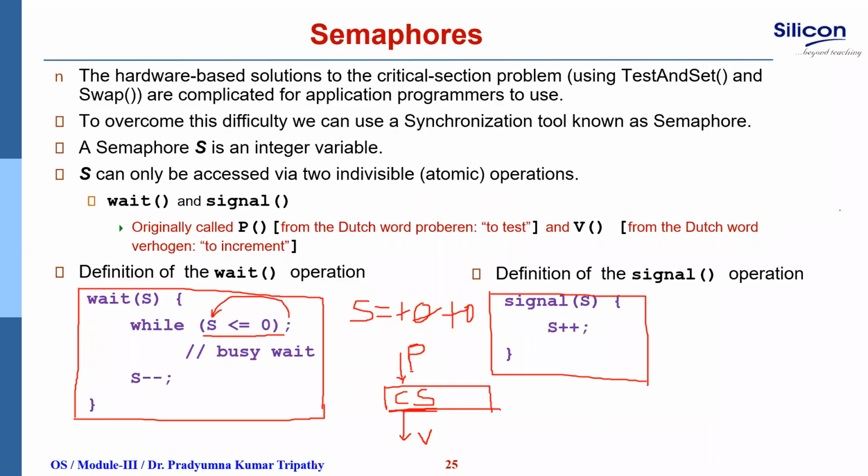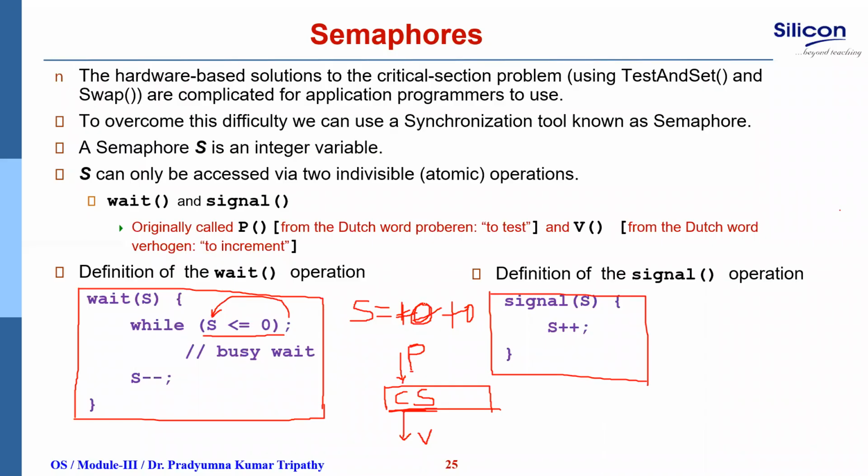If it is green, it will enter by making it red. Try to understand. If it is 1, it will enter by making it 0, by converting the green light to red.